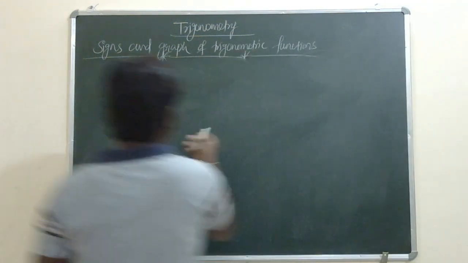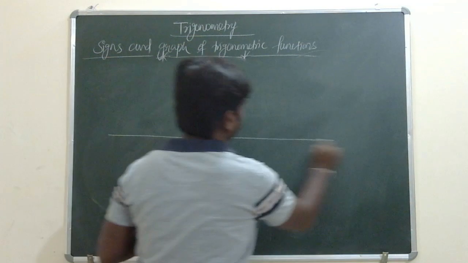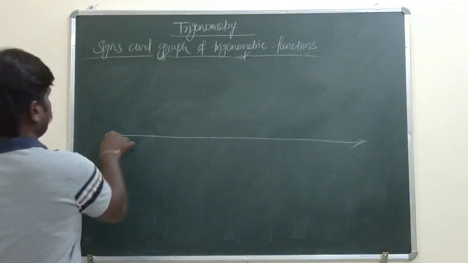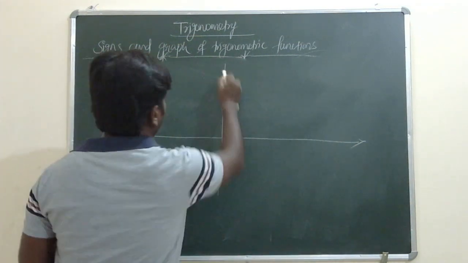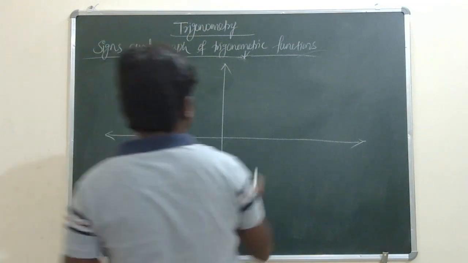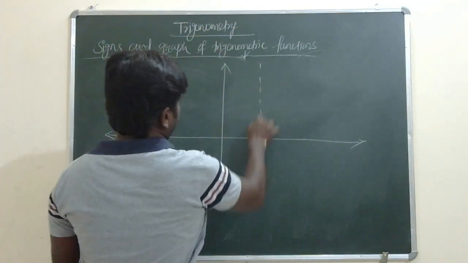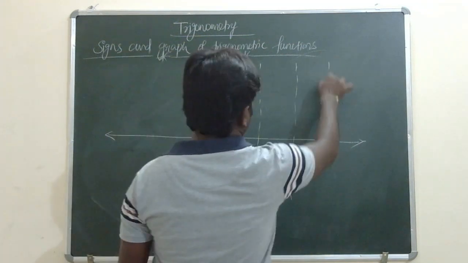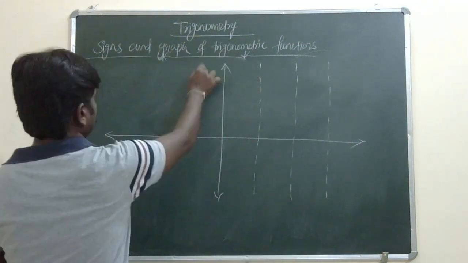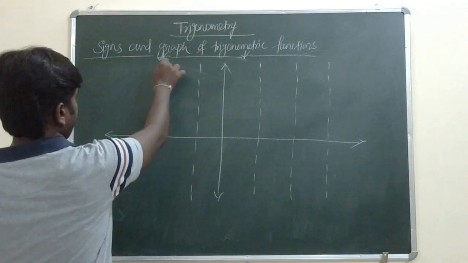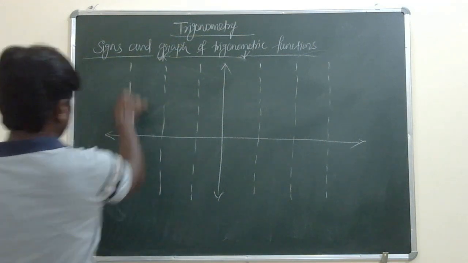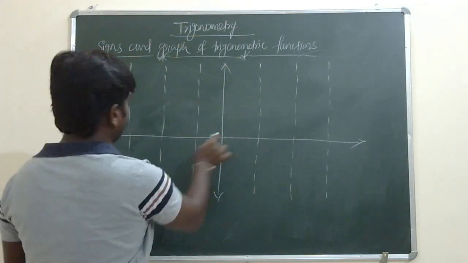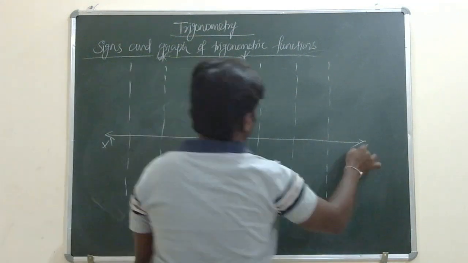So here, 0, and this is x dash and also x, and here y dash and y.